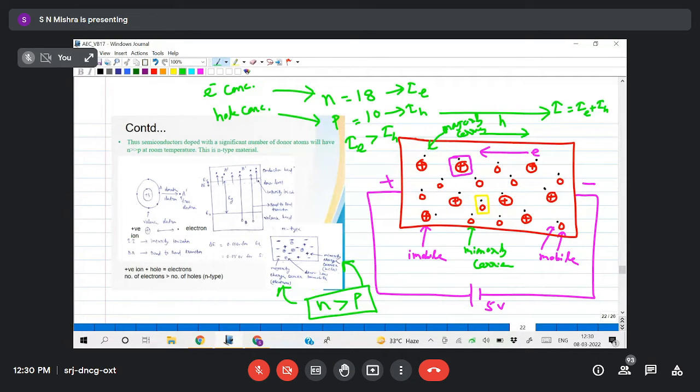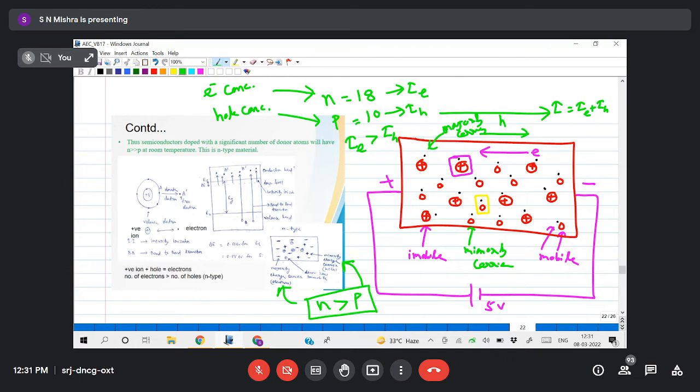And electron current is more than hole current in the N-type semiconductor, because electron concentration is more compared to hole concentration. That's why it is called N-type semiconductor.